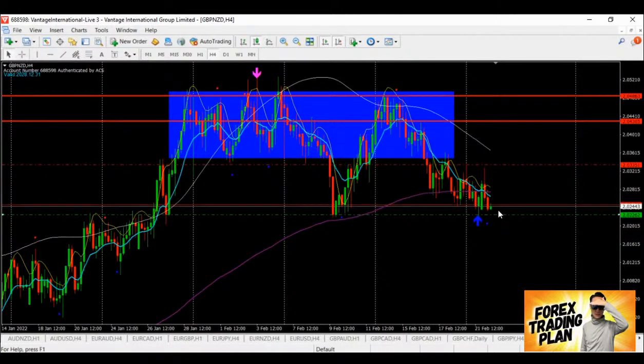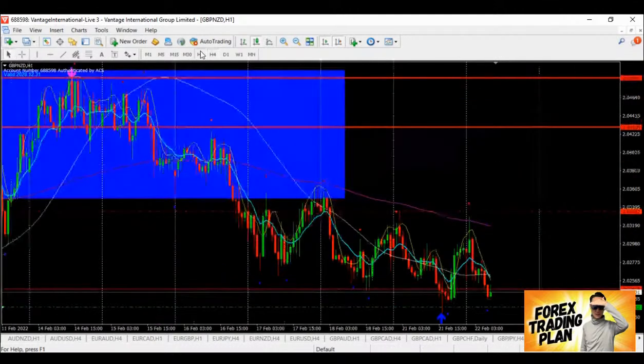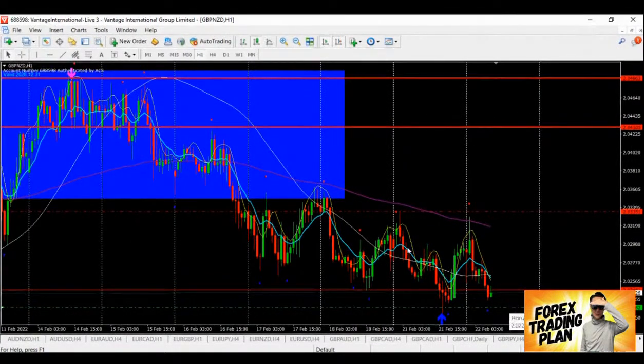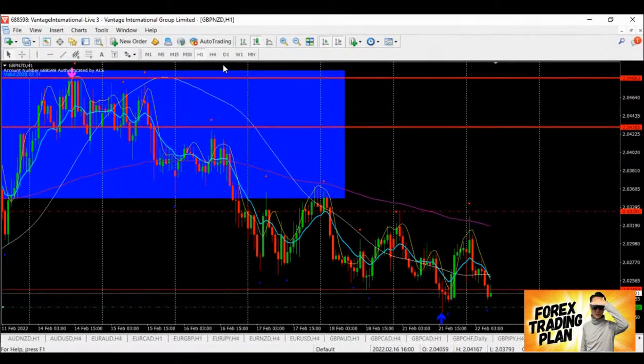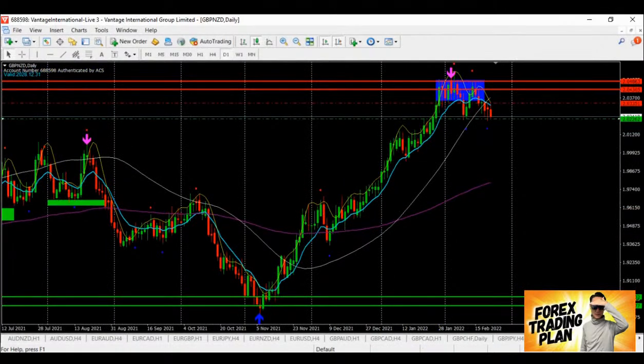So we are waiting for it to break the support. After it breaks the support with a new resistance below, then we short and go for the selling. No buying. So pound kiwi, we can start to watch out for the selling after it breaks the support level.